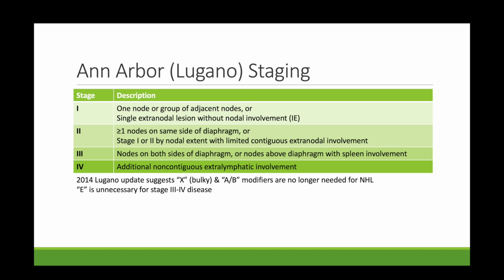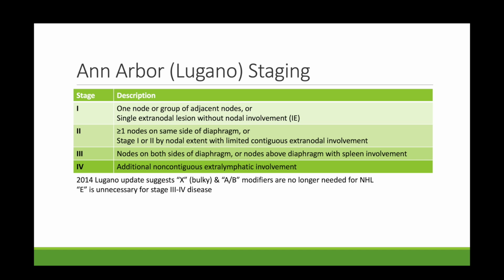I think of stage 1 to 2 as disease really on just one side of the diaphragm, and 3 to 4 involving both sides of the diaphragm, or a lot of non-contiguous extralymphatic involvement. So stage 1 is really just one node or group of adjacent nodes, or a single extranodal lesion without nodal involvement. So just one area is stage 1.